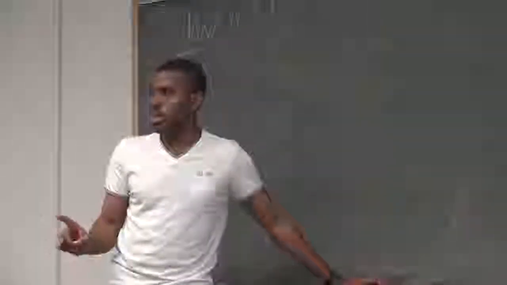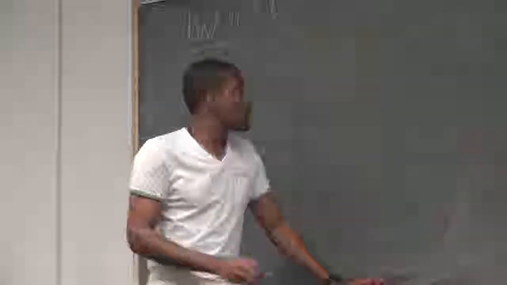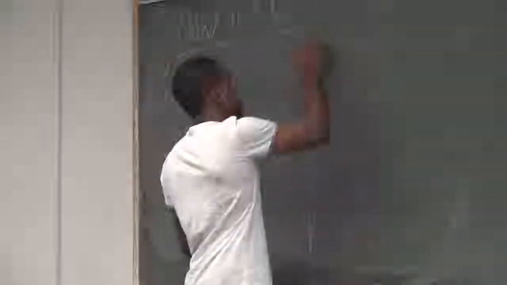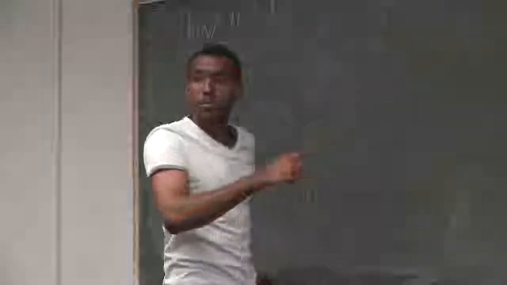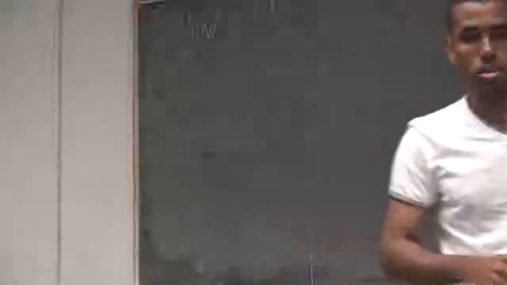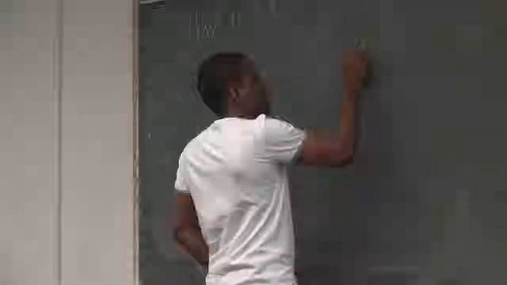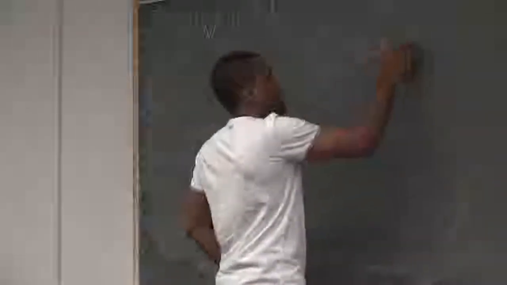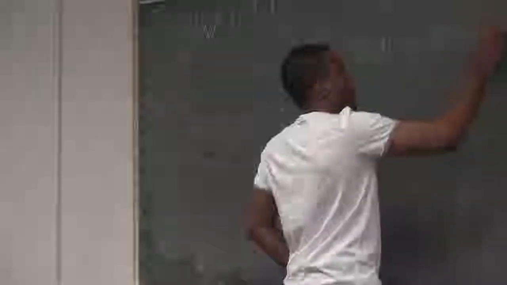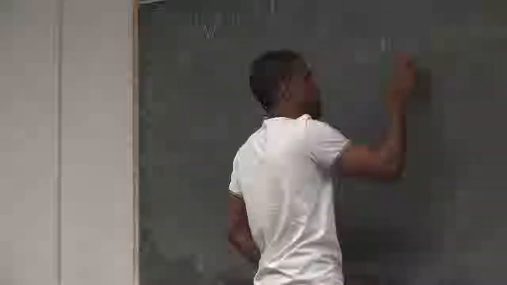Other questions? Number 21. You're in the second edition? Find an equation for the surface consisting of all points that are equidistant from the point -1, 0, 1, and the plane x equals 1.